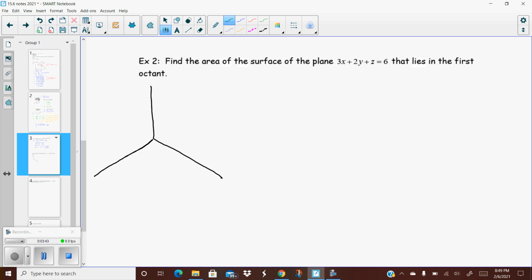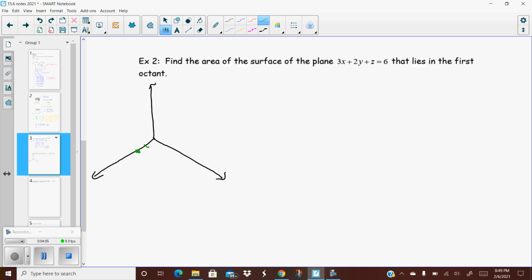we have to figure out the bounds based upon the plane. So this is one where we're going to want to sketch the plane. It's only in the first octant, so that's the only part I have to worry about. So let's find the intercepts. The x-intercept is when y and z are 0, so that's 3x equals 6, so x equals 2.